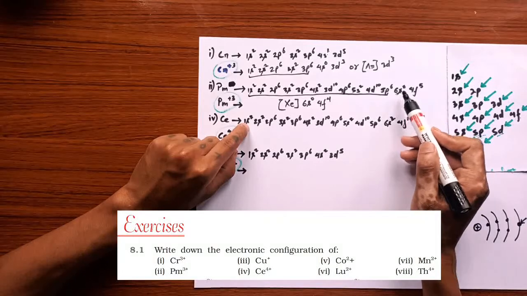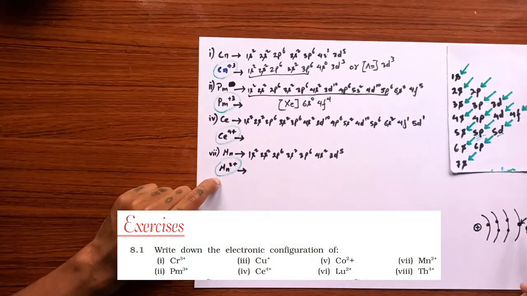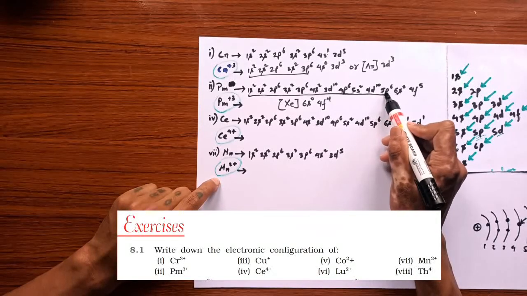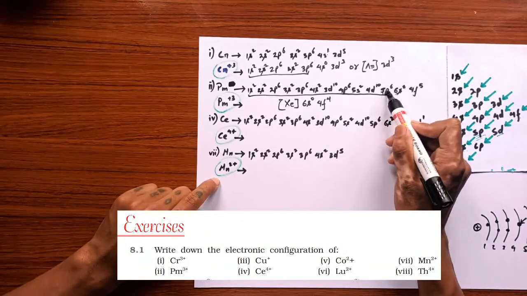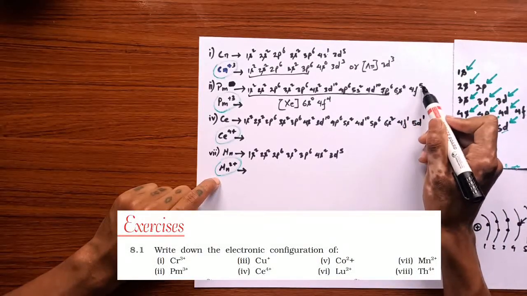As you can see, some of you might think that if we're trying to remove the electrons based on the shells, we have 1, 2, 3, 4, 5, and 6. So if you start removing the electrons from the 6th shell, then the next thing to remove is from the 5th shell, which in this case means removing the electrons from here. But instead of removing from this 5p, I've started removing from the 4f.